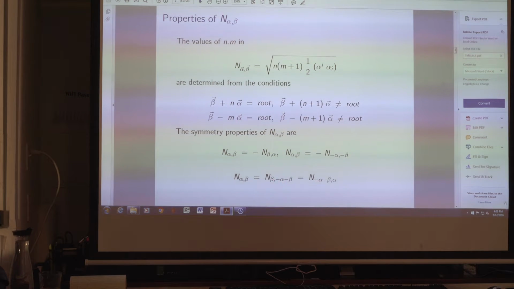And if you flip again to the left-hand side, you get this. These are the properties of the coefficients. This is also explained in detail in your book.